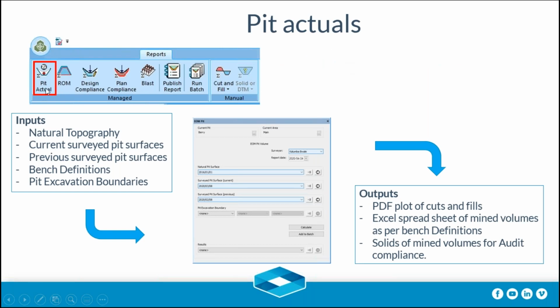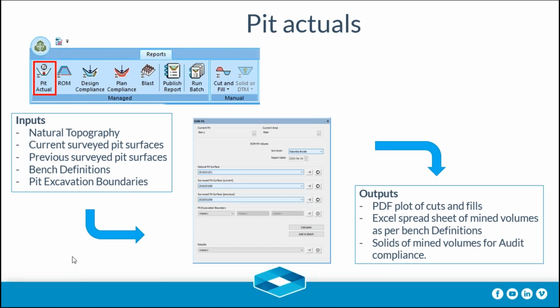First and foremost, we've got the pit actual, and this will be the most common report that every single pit does. So this is for those of you that are not surveyors, essentially the comparison between the previous digital terrain model and the current digital terrain model in order to establish the volume that has been mined.